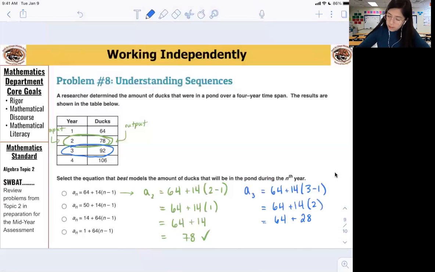And then 64 plus 28, that is 92. It works. When you do it twice, if it works both times, then you should be absolutely sure that is your answer. But you definitely always want to try it at least twice just to check, because sometimes it might work for one pair and then it doesn't work for the second pair that you try. So you just want to double check by doing it twice. So we're good with that one.